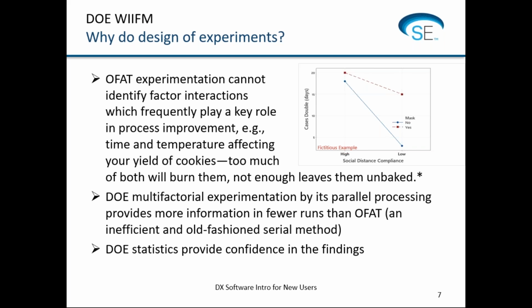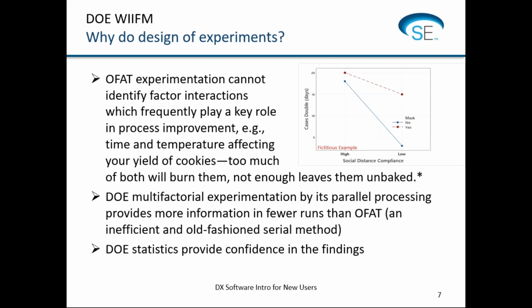If we look at the little graphic on the right, this is a fictitious example, but this is looking at perhaps the impact of social distancing and wearing a mask on the spread of the disease. Here we're looking at how long it takes to double the number of cases, okay, the cumulative number of cases. Again, this is a fictitious example, but this more or less is the theory. If we have high social distance, so we're not near each other, the impact of wearing a mask, so the blue line is no mask, the red line is with a mask, the impact of wearing a mask at high social distancing might not be very strong, okay?